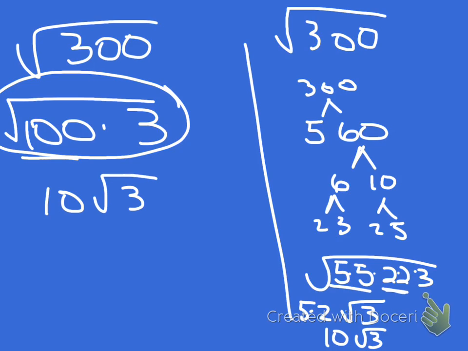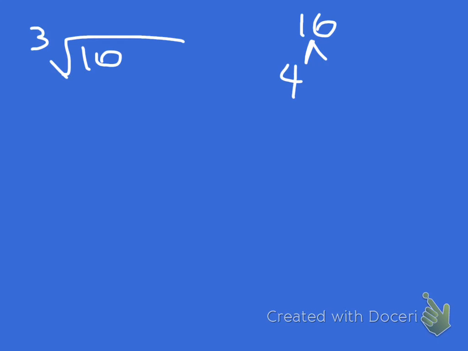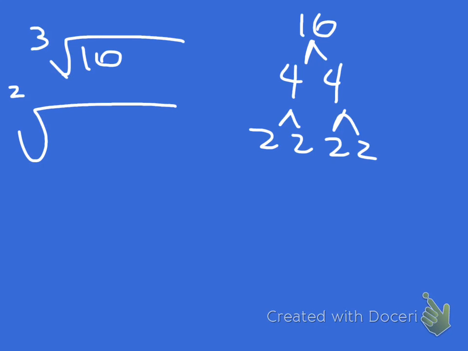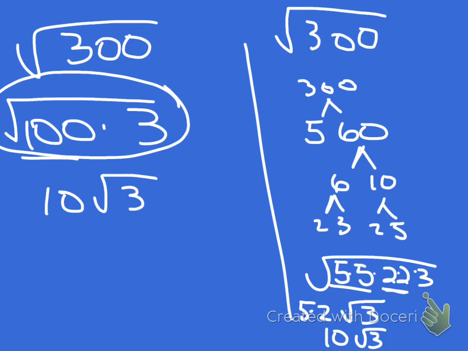Let's try the 16 with the cube root. It works the same with cubes and squares. If I have the cube root of 16, I still do my factor tree. That's 4 and 4, 2 and 2, and 2 and 2. The last one we did was a square root, so the doubles came out.